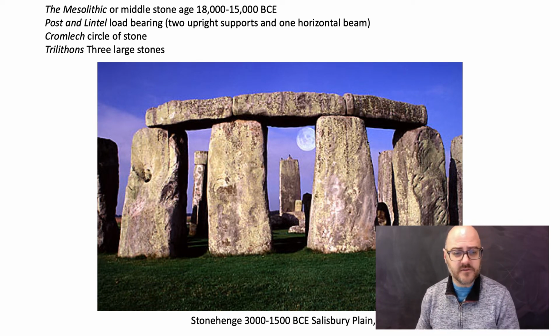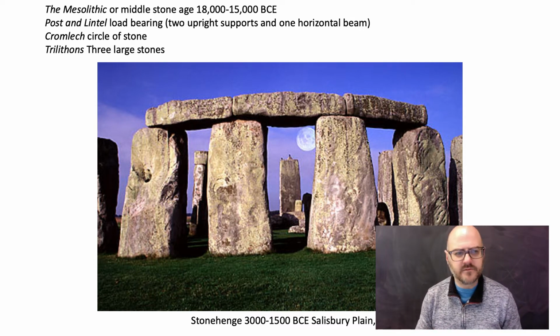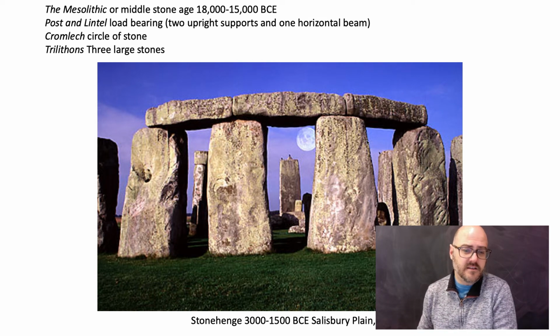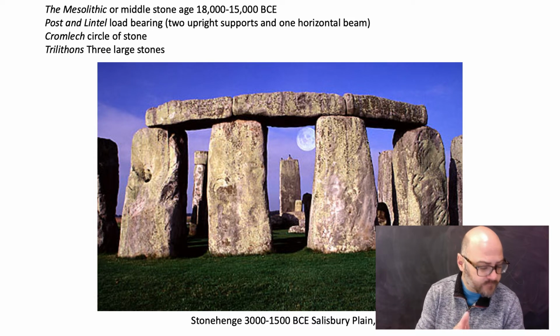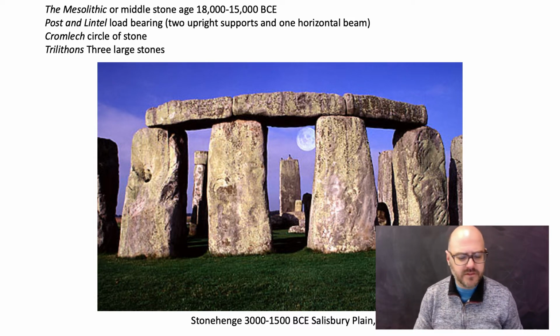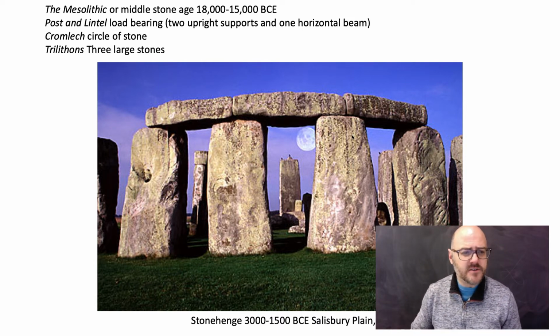This is moving after the last great ice age, and people are able to start cultivating food grains, storing food, planting foods, and then moving into the Neolithic, which first starts in the Middle East and works its way across Europe. The development gets to England last, but this is during Neolithic time now. And you can see this is probably built in the range of about 2000 BCE. This is Stonehenge. So this is 4,000 years old.